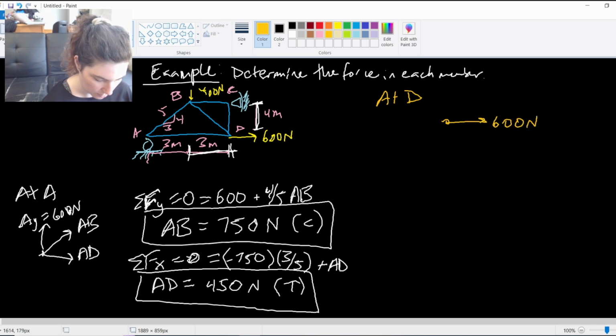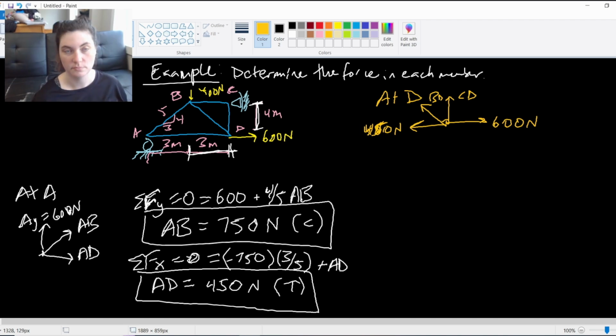I just solved for AD, so we said this was 450 in tension. And then I have my 2 unknowns. So the direct up DC and the 3, 4, 5 triangle of BD. So that's my free body diagram of point D.